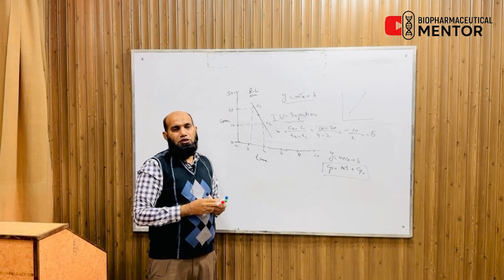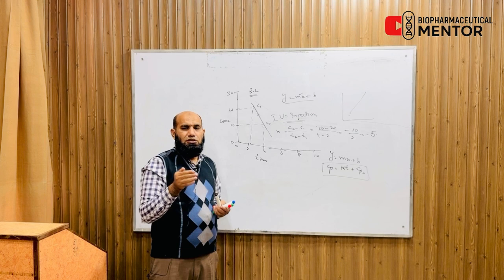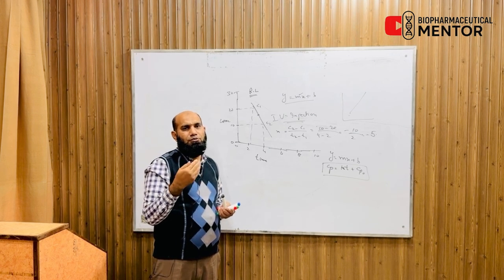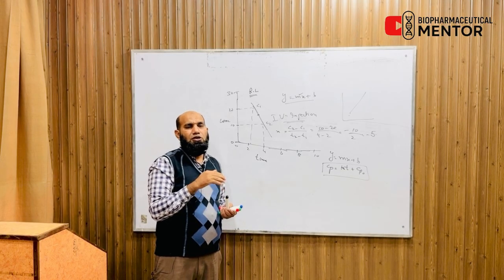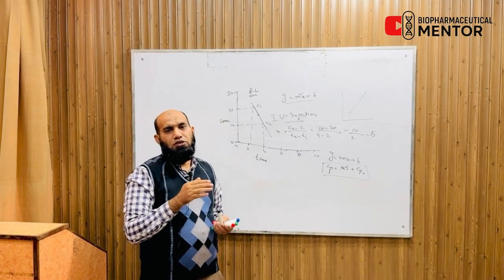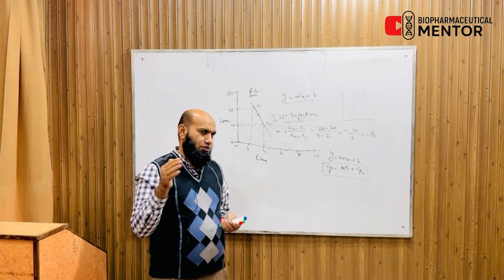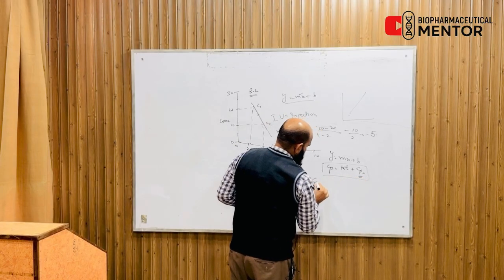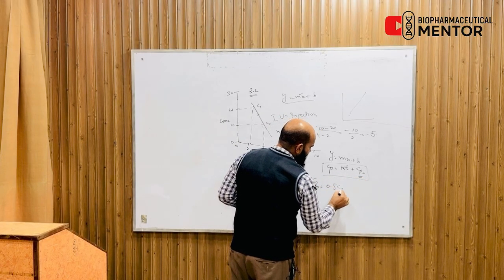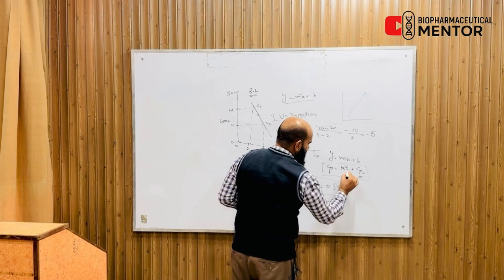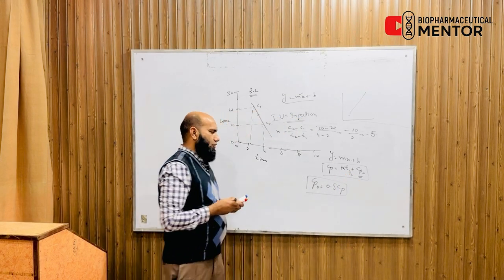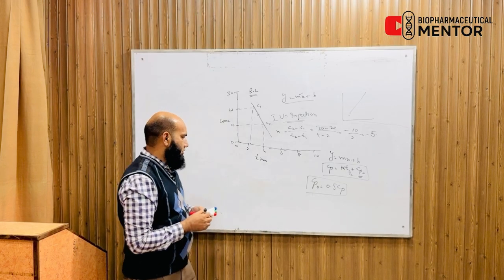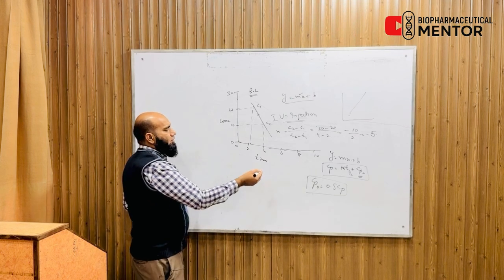When we have to take exactly half of the concentration, we assume the time at which half of the concentration remains in the body. So when we convert Cp naught into 0.5 Cp naught, then we say this time is T half. Then we can get the half-life.